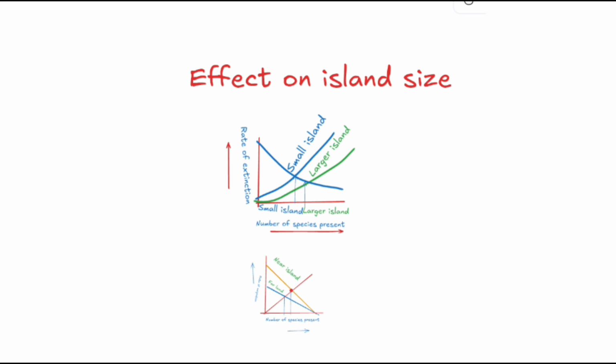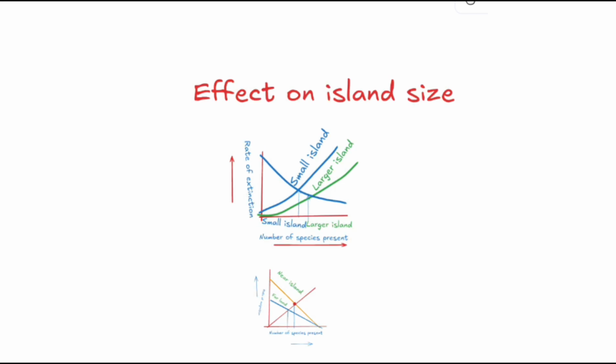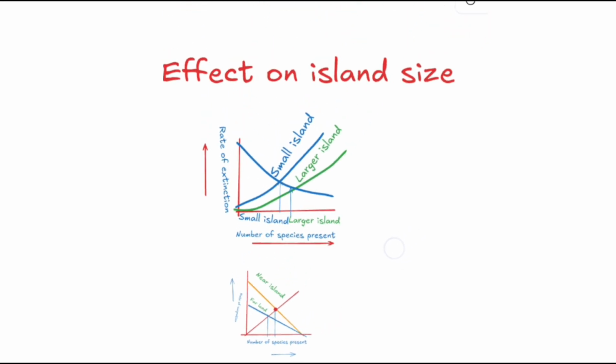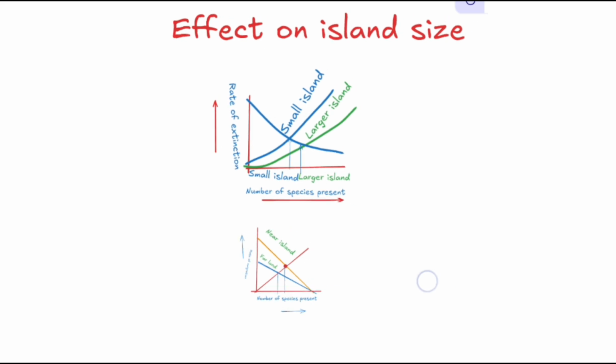If the island is closer to the mainland, it will be easy for species to reach it and they will arrive quickly. So the immigrant rate will be very high, and if the island is far from the mainland, then fewer species will reach it and the rate of immigration will be much lower.